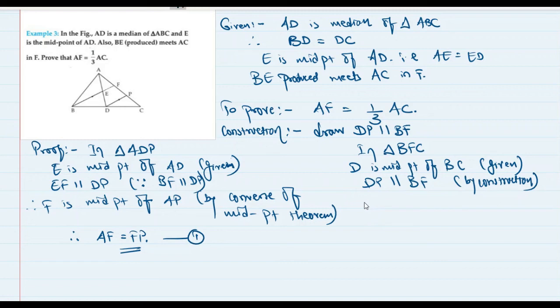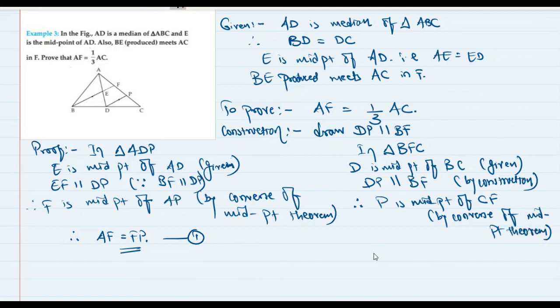D is the midpoint of BC. So we can say that P is the midpoint of CF by converse of midpoint theorem, and therefore you can say that FP is equal to PC.